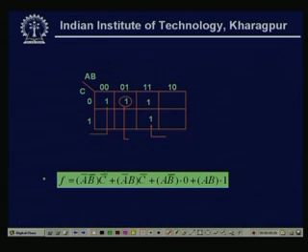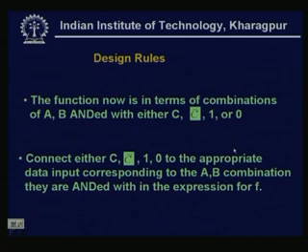Here there is no C term or C bar, so 0 and 1. The other primary input left will be treated as the primary input of the multiplexer, and the two A B lines are treated as the select lines. So, we will connect either C bar, 1 or 0 to the data input, the primary input corresponding to the A B combination, ANDed with the expression for F.